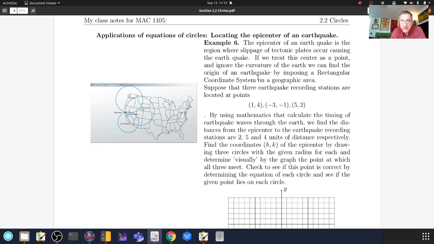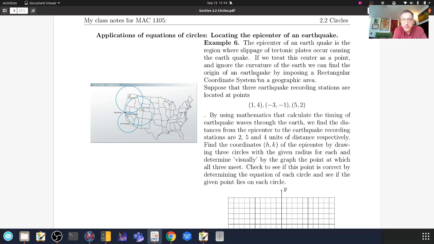If we treat this center as a point and ignore the curvature of the earth, we can find the origin of the earthquake by imposing a rectangular coordinate system on a geographic area. That means you're going to decide this is my origin, and you're going to lay out a grid. And it will be imaginary. You would actually do this if you were using Google Maps. You'd be looking straight down, and you'd just overlay a grid over it.